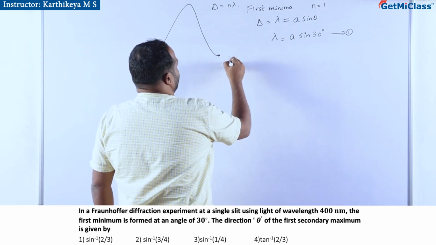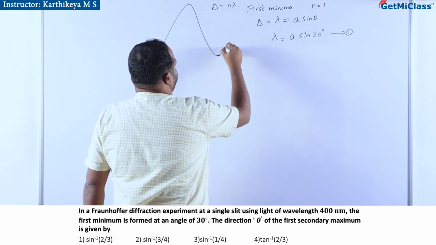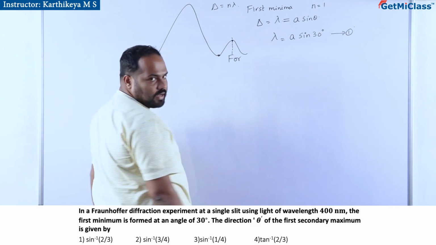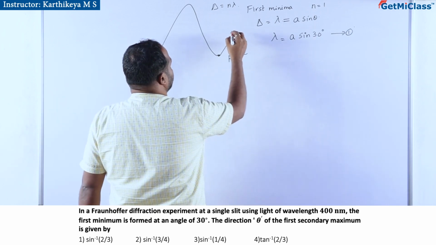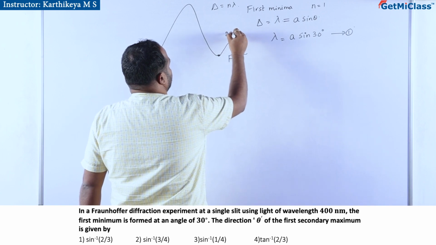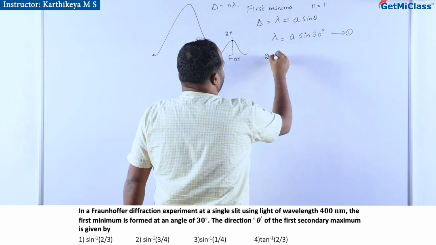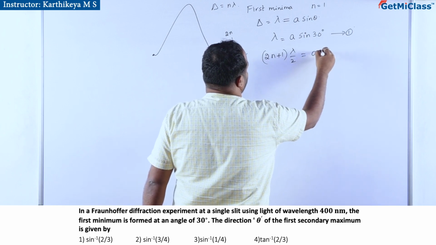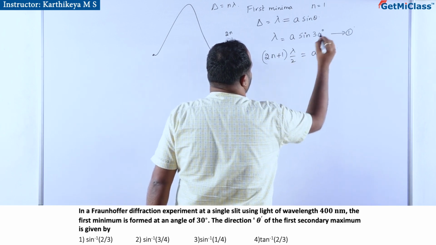Next, for the first secondary maxima, this is where you are going to get the secondary maxima. That is at an angular position, in general, (2n plus 1) lambda by 2 equal to a sin theta.